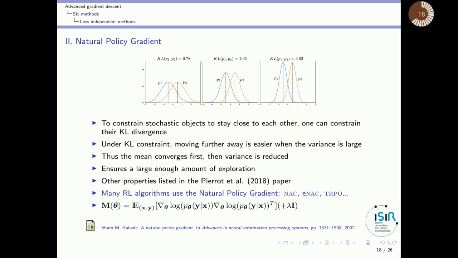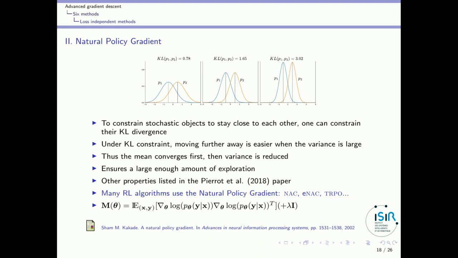The second method is the natural policy gradient method. That's probably the most important one because it is used a lot in deep reinforcement learning techniques. So in the previous technique, we were trying to perform gradient descent onto a deterministic object, where we were considering its deterministic output h of theta for a given input x.